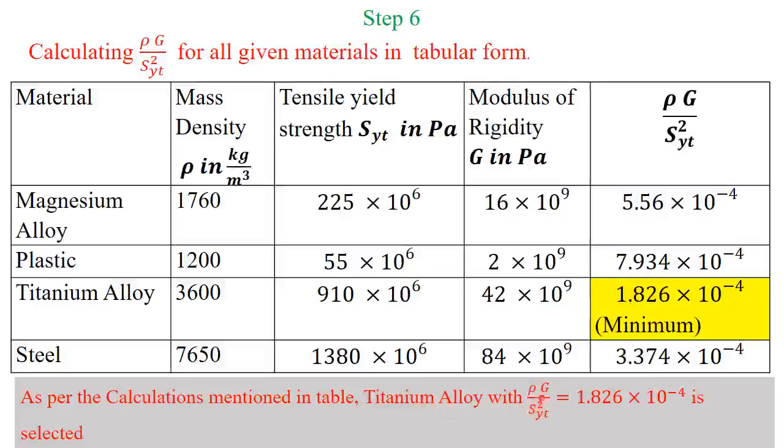As per the calculations mentioned in the table, titanium alloy with rho G divided by SYT square equal to 1.826 into 10 to the power minus 4 is selected. Therefore, whenever required, further calculations will use the values corresponding to the row of titanium alloy.